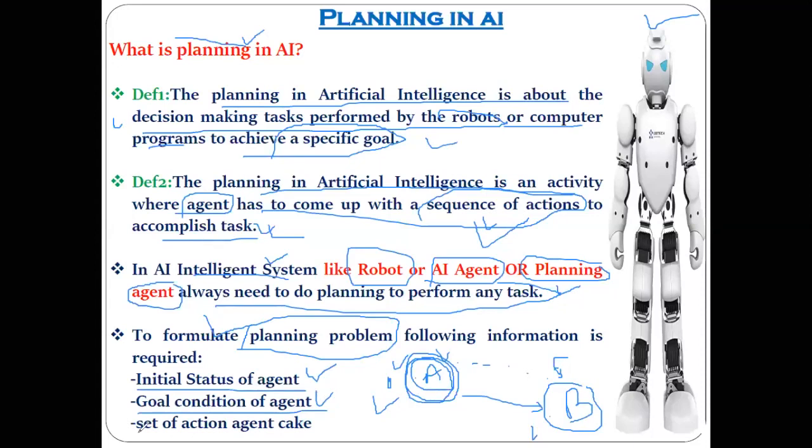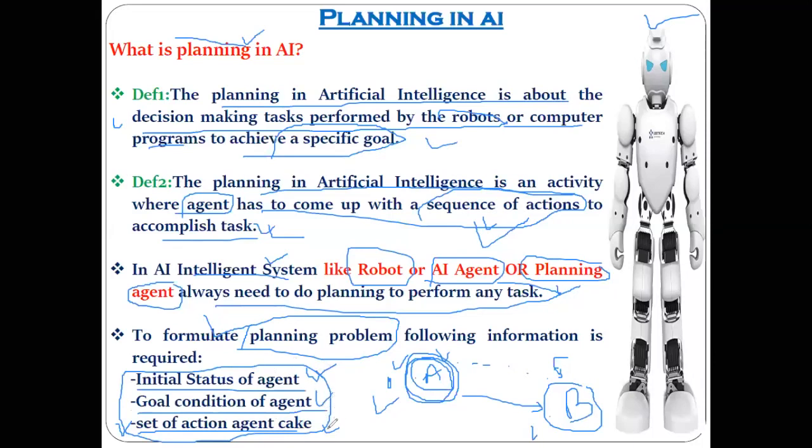Now how can we reach the particular goal state? With the help of a certain set of actions. Understood? With the help of a certain set of actions. So to formulate the planning, this different kind of information is required. Okay, first is what? The initial status of the agent. Second is what?